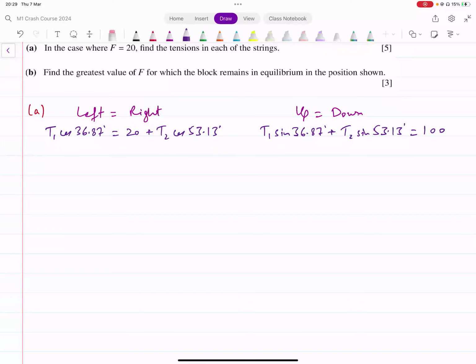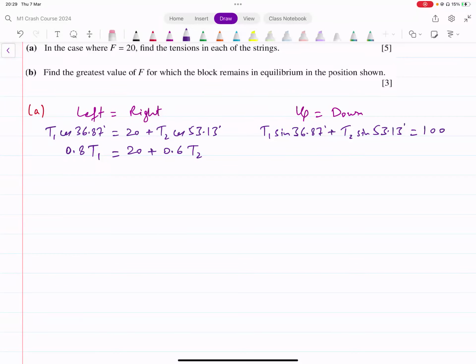Let's evaluate this now. Cos of 36.87, that's giving me 0.799999. If we were to use the exact value of this angle, you're going to get 0.8 from that, 0.8 T1. On the other side, you have 20 plus T2 into cos of 53.13. That's giving me 0.6, almost exact. So that's 0.6 T2.